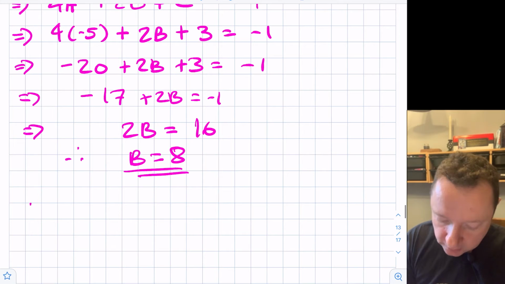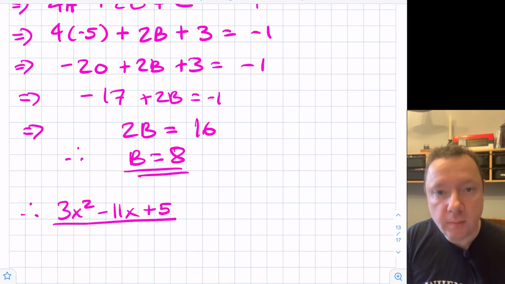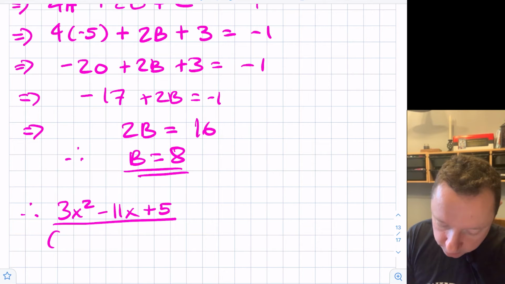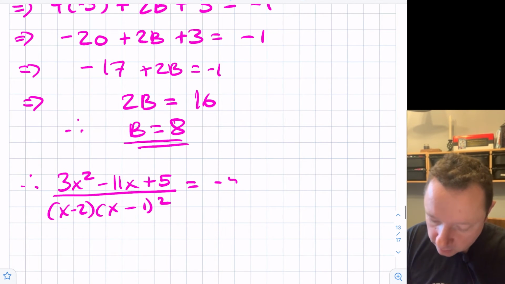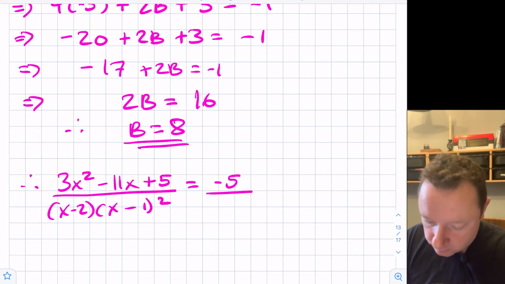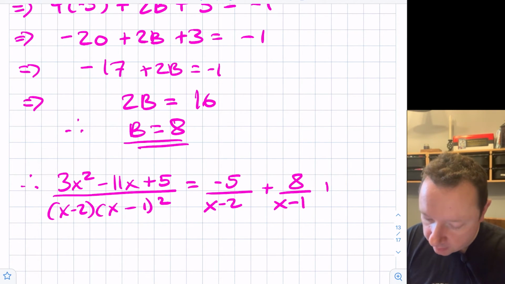And therefore, we can say that our original thing, (3x squared minus 11x plus 5) all over (x minus 2)(x minus 1) squared, equals minus 5 over x minus 2 plus 8 over x minus 1 plus 3 over (x minus 1) squared.